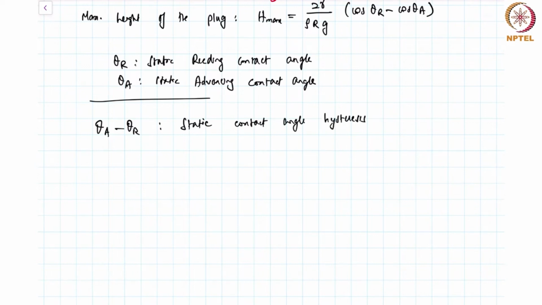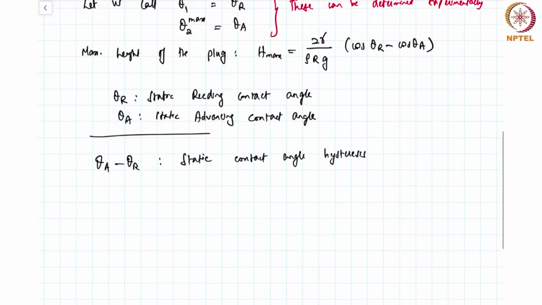This is the difference between the maximum allowable angles for theta 2 and theta 1, or for the advancing and the receding regions. I still haven't clarified why we call it advancing and receding, but you'll have to bear with me for a minute. So this is the hysteresis that we have in the problem. A range of angles are indeed allowed, and we will also see why it's called hysteresis in a minute.